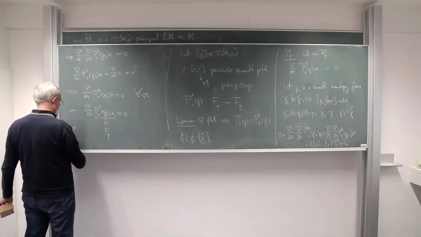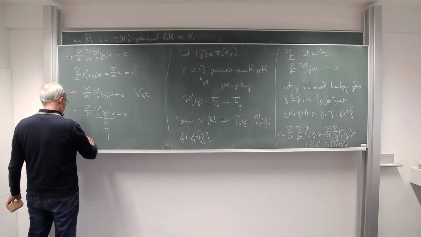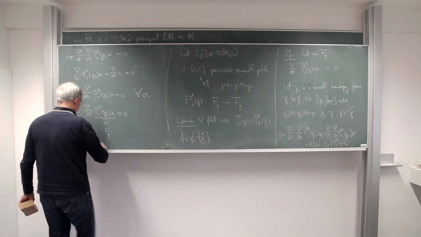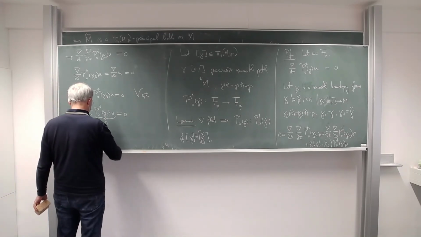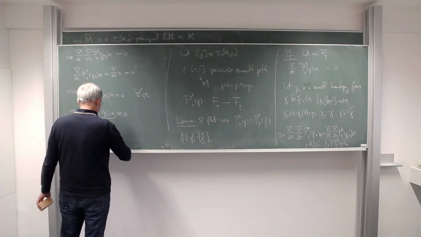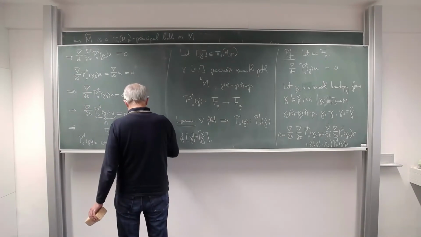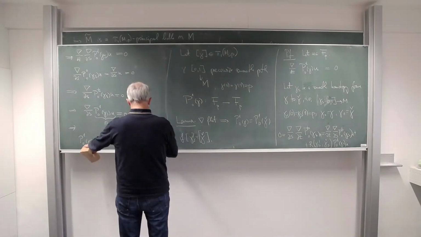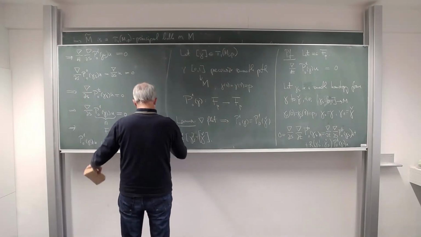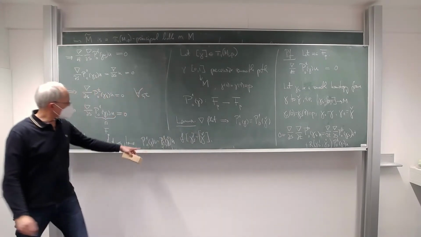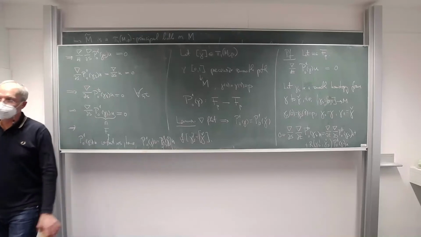So therefore, P su is not constant in s, hence P1 at 0 we have gamma, and at 1 we have gamma check. And this holds for each u, and so the parallel transport is the same.